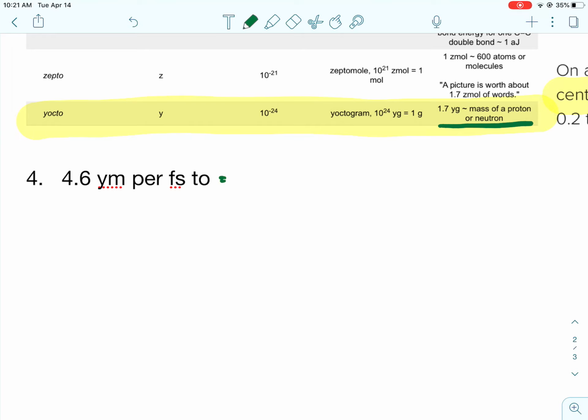And then we would go from femtoseconds to months. All right. So using the information we have, we're going to convert 4.6 yoctometers per femtosecond to centimeters per month.